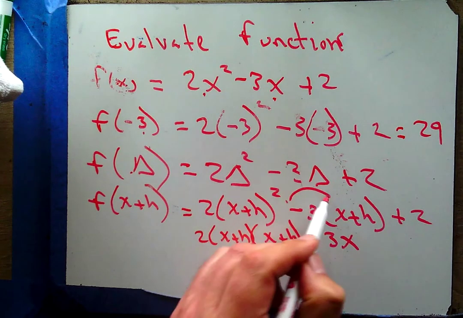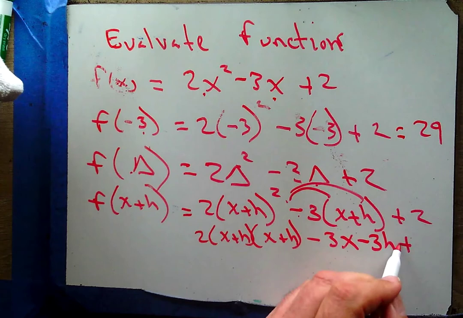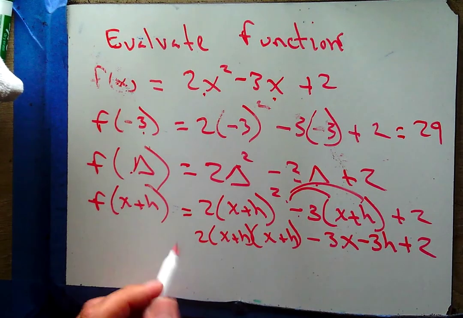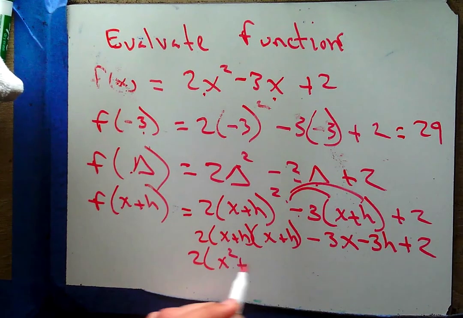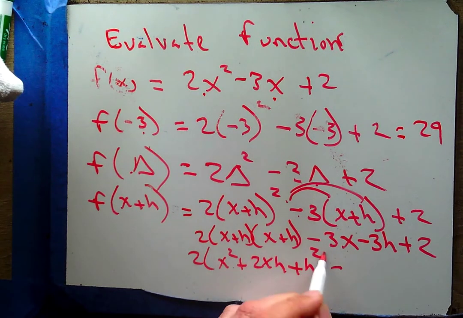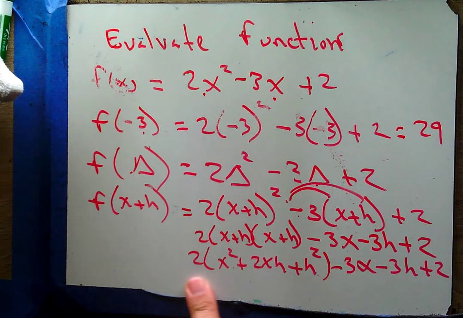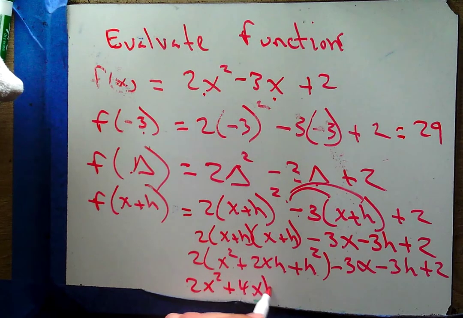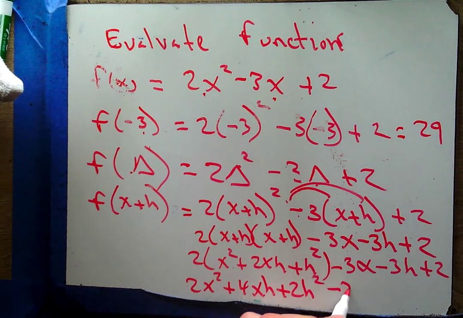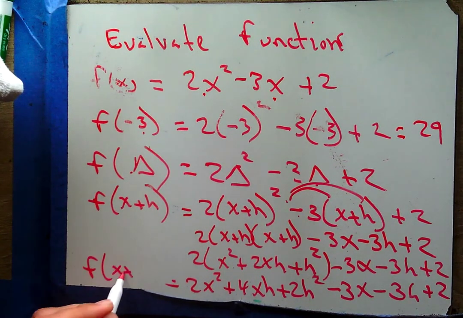And don't forget to distribute that negative to that h as well. x squared plus 2xh plus h squared minus 3x minus 3h plus 2. I'm going to distribute that 2: 2x squared plus 4xh plus 2h squared minus 3x minus 3h plus 2. That's f of x plus h, I think.